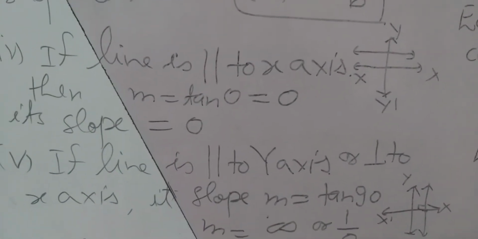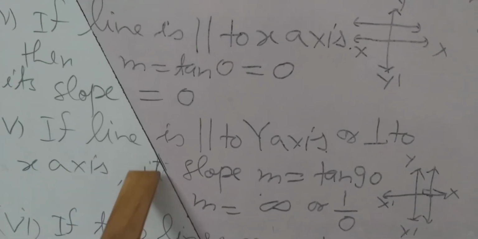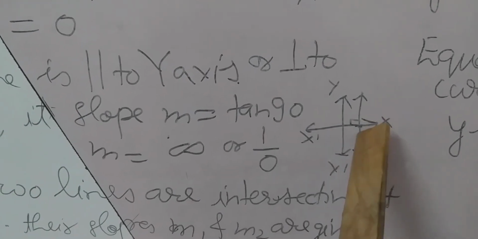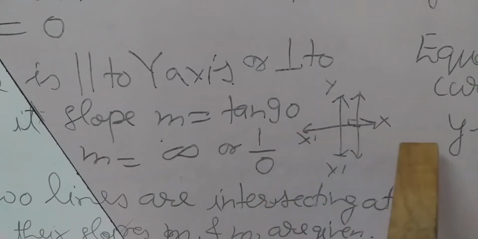Okay students. If line is parallel to y-axis or perpendicular to x-axis, then its slope equals infinity or 1 upon 0. You can see in this diagram, this is the line, it is parallel to y-axis. It means the line is perpendicular to x-axis and angle made by line with positive direction of x-axis is 90 degree.